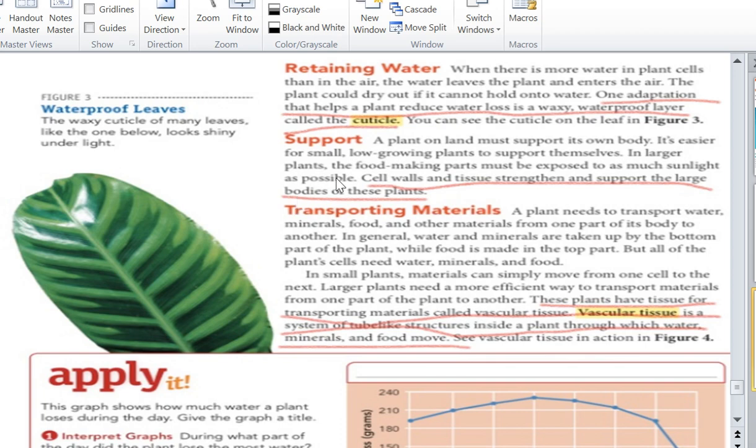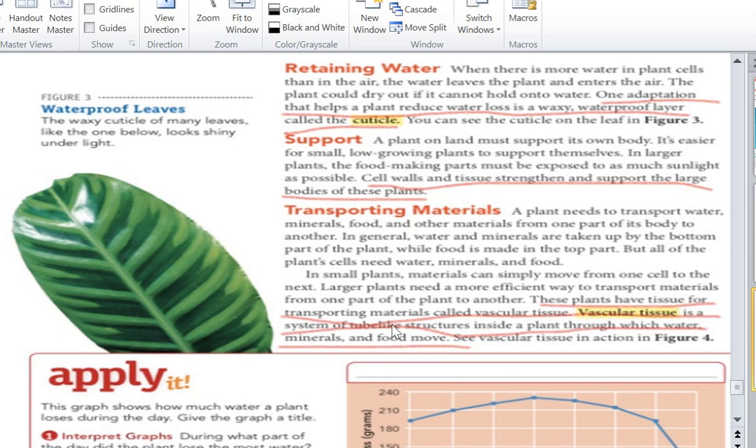What helps the support in plants? Cell walls and tissue strengthen and support the large bodies of these plants. So cell walls give support. But what about transporting materials? What will transport water from the roots upward in plants?